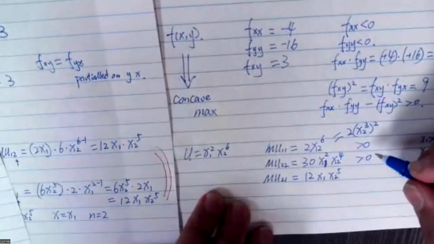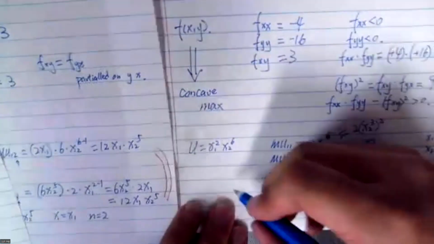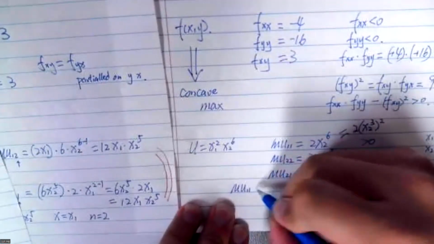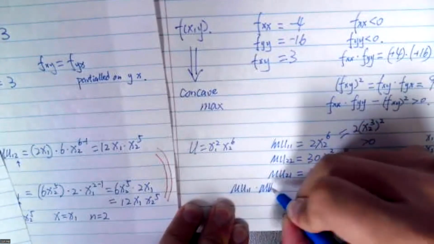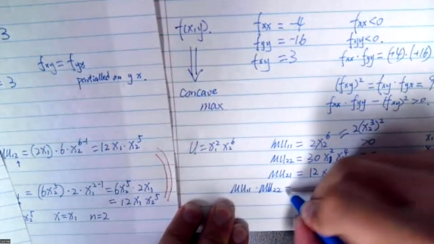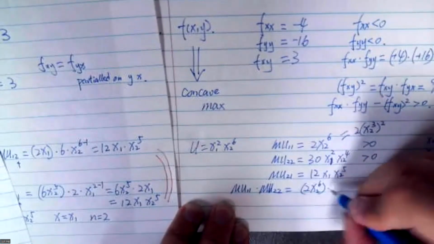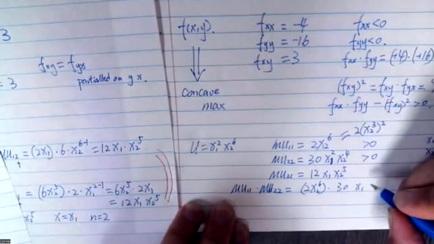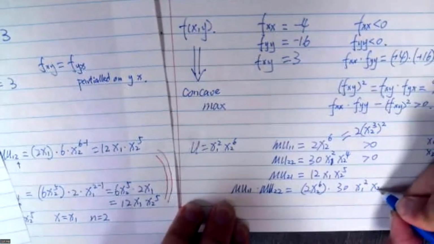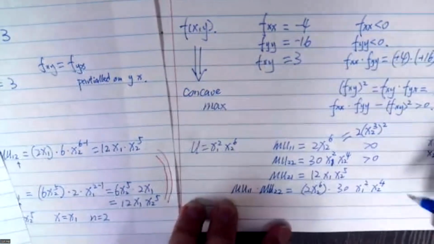So then what we need to determine is MU11 by MU22. What is the result? 2 x2 to the power of 6 by 30 x1 squared x2 to the power of 4.